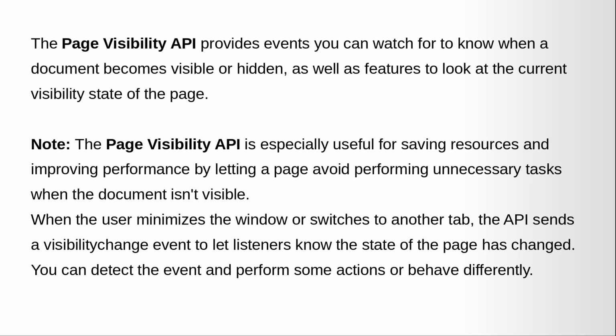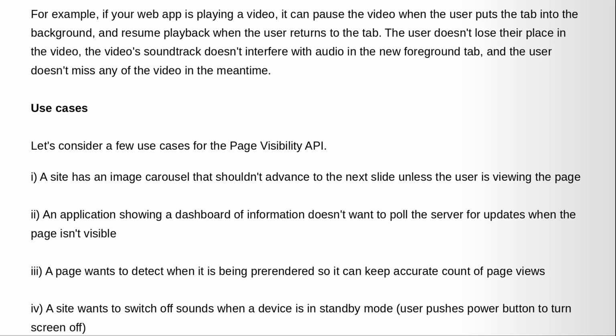When the user minimizes the window or switches to another tab, the API sends a visibility change event to let listeners know the state of the page has changed. You can detect the event and perform some actions or behave differently. For example, if your web app is playing a video, it can pause the video when the user puts the tab into the background and resume playback when the user returns to the tab.